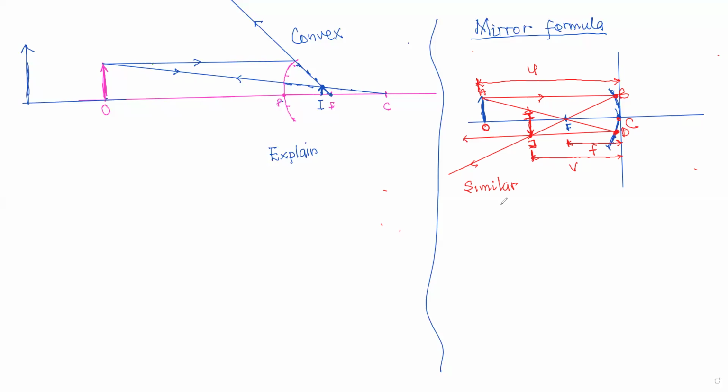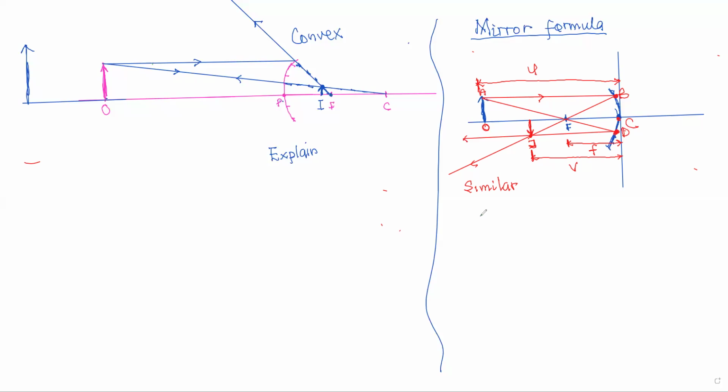Two, when triangles are similar, their corresponding interior angles are the same. Let me show you how you can identify it.